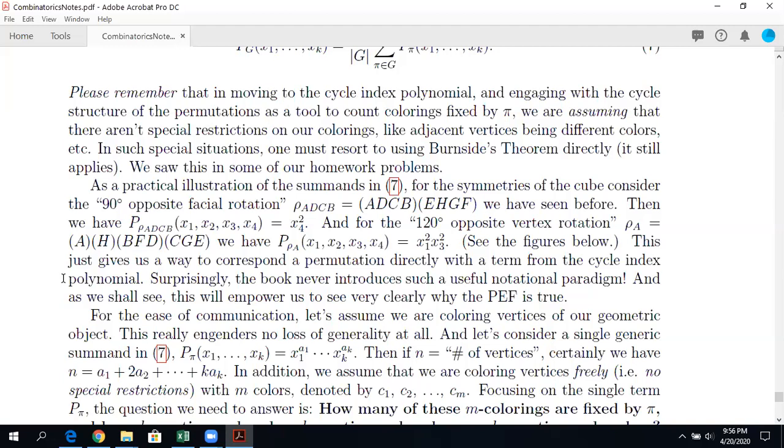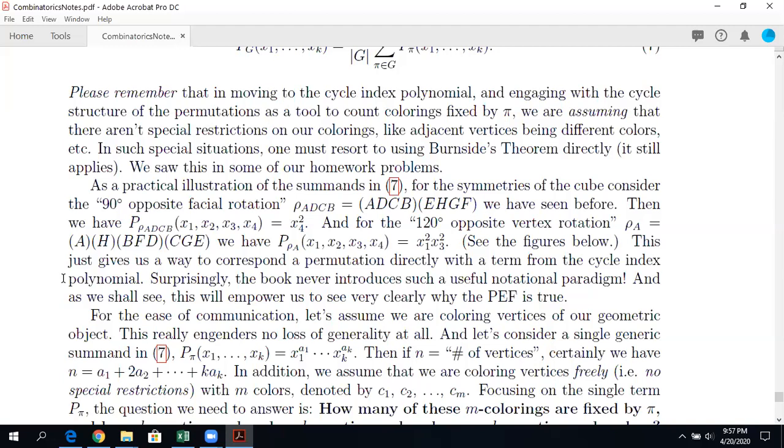You don't have anything beyond a 4-cycle for symmetries of the cube. It's just going to be x4 squared. And then the 120-degree opposite vertex rotation, rho sub A: A and H are in 1-cycles, and BFD, CGE are those little 3-cycles. So you get x1 squared and x3 squared as the term corresponding to that.